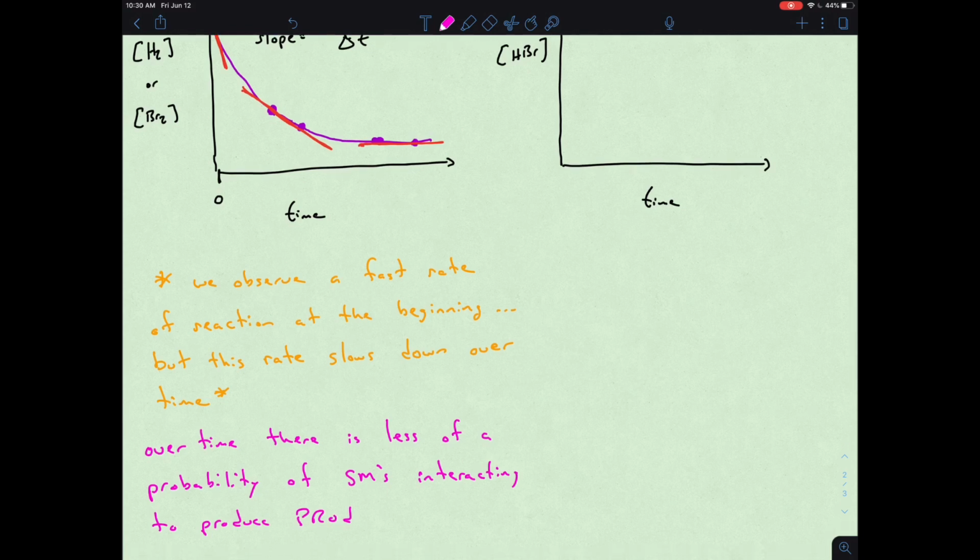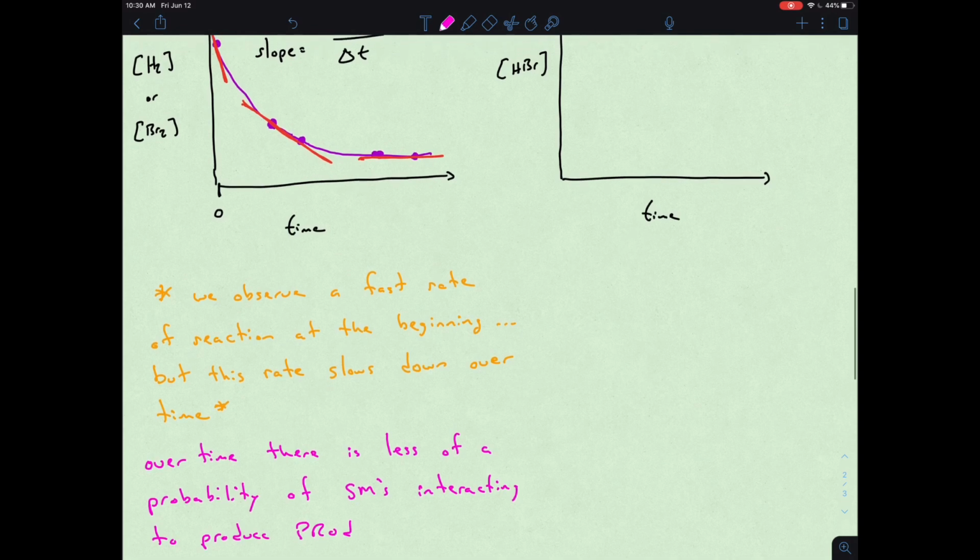And that's just because as we go, we make more and more product. And so now it becomes harder and harder for the starting materials to, if you will, run into one another and then react. And so we see this common decrease in the actual slope.